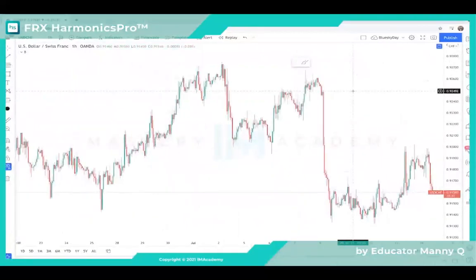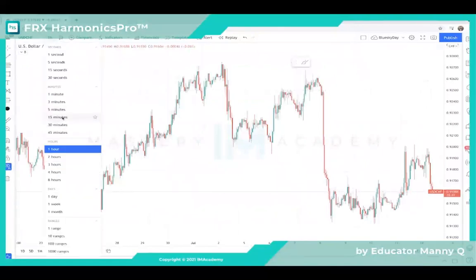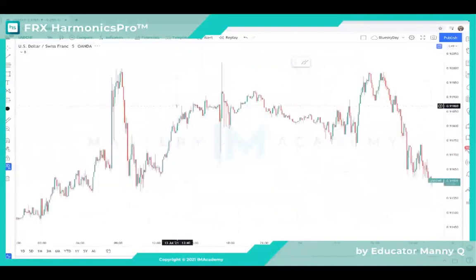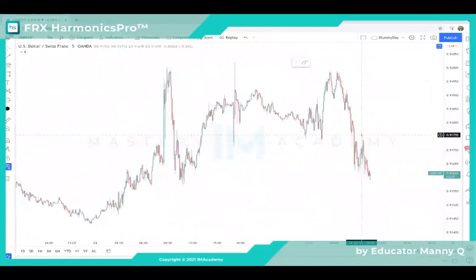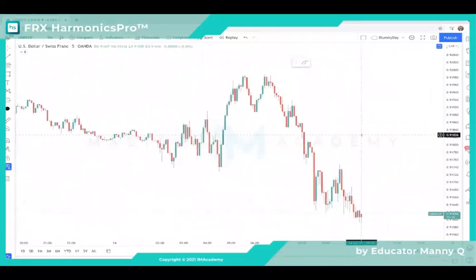So we're going to stick to the USD CHF as we were on here yesterday. And what we'll do is go down to maybe a 5 or a 15-minute time frame, only because it may give us the ability to see even more candles. As we know, price is always repeating itself on all time frames.